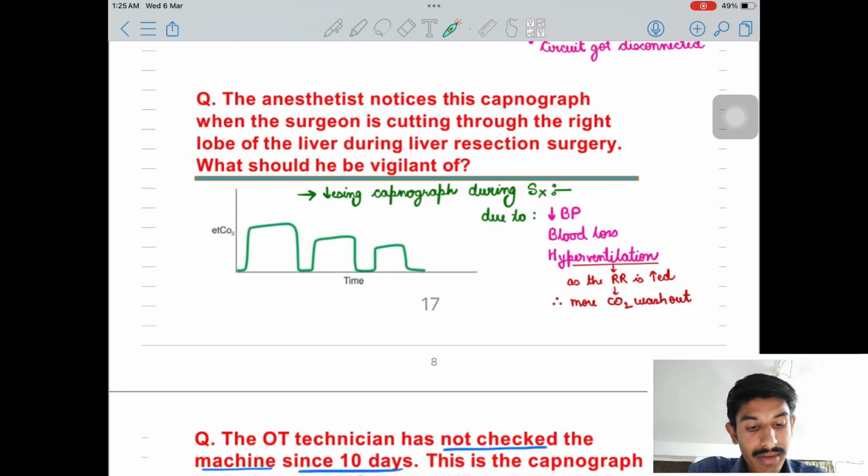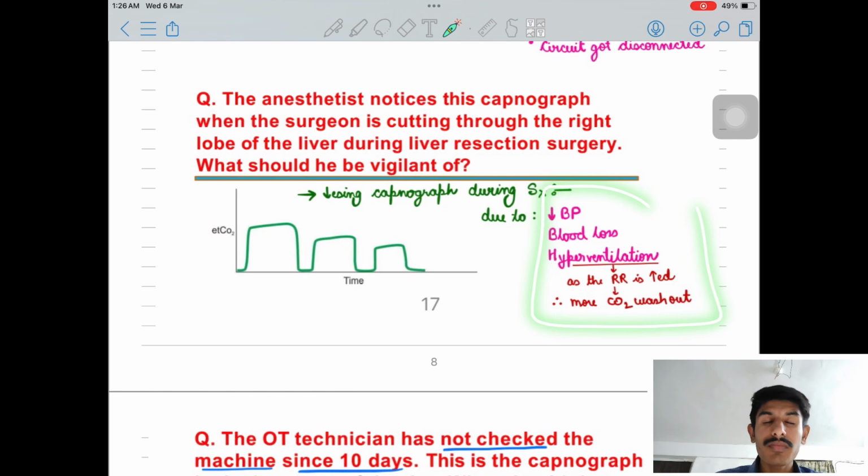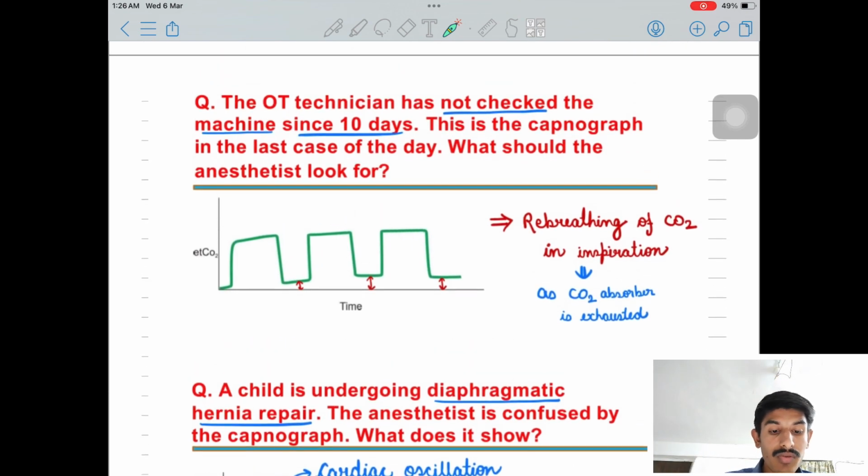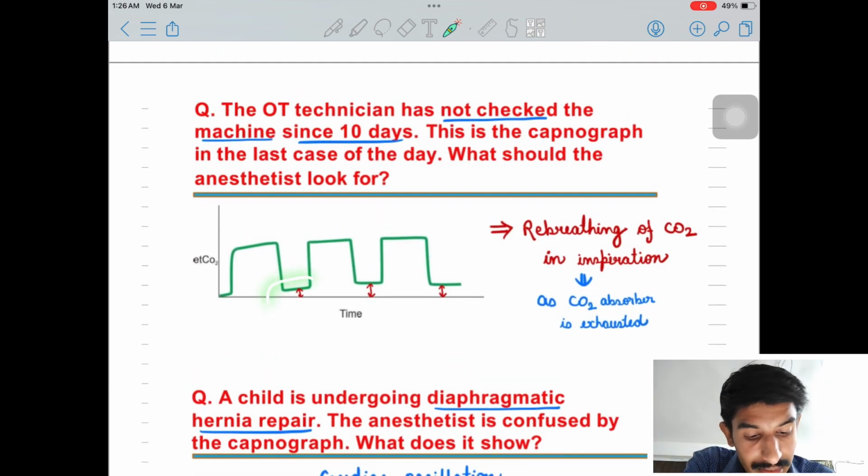Then you can see again a decreasing capnograph. It is due to low blood pressure or blood loss, or hyperventilation. Here is another kind of capnograph. As you can see, the line is not touching the baseline, it is a little bit above.